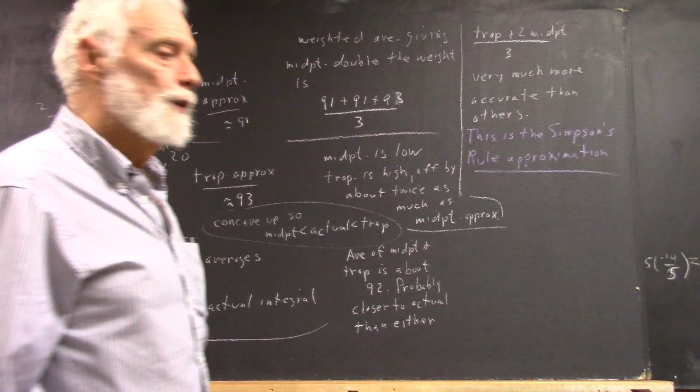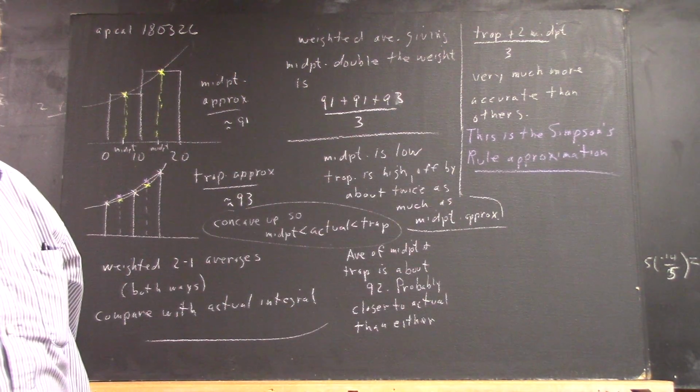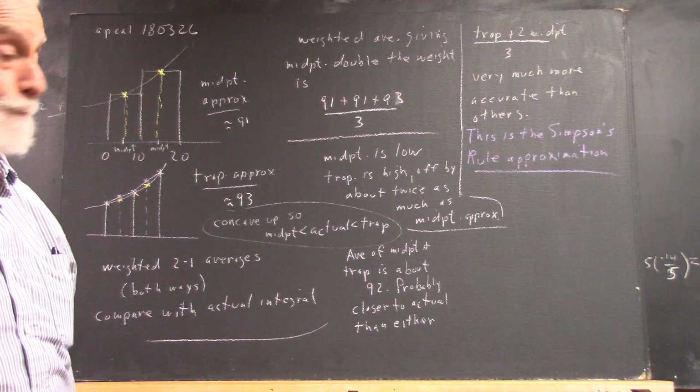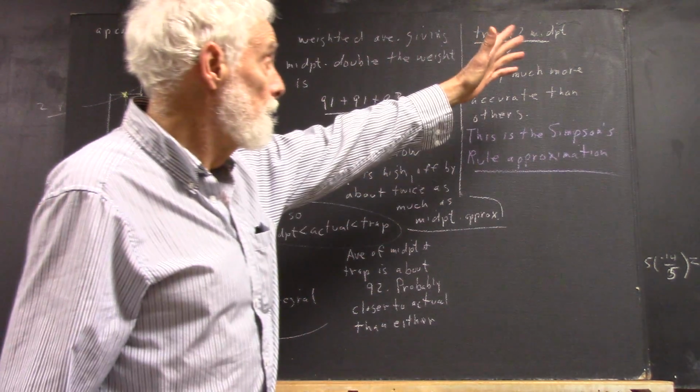But this is the Simpson's rule approximation. Okay? A trap plus 2 midpoint over 3.